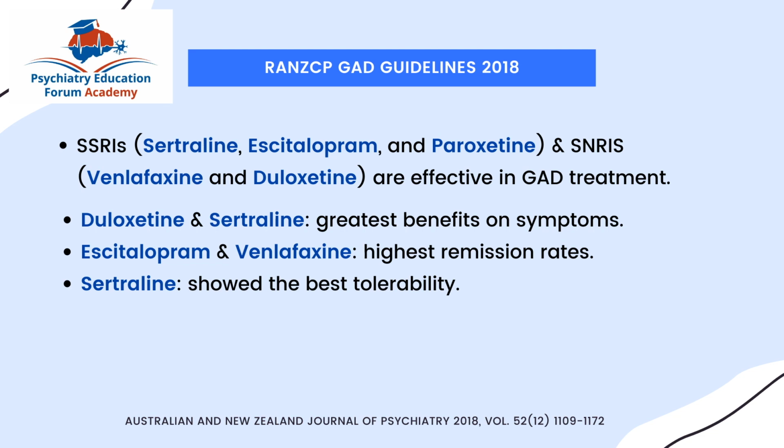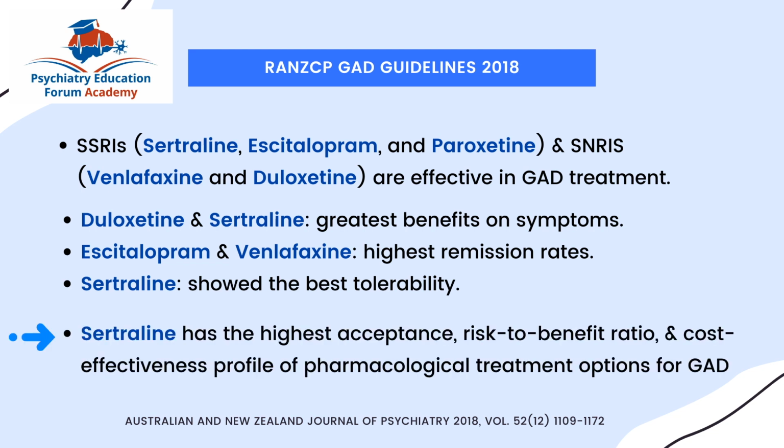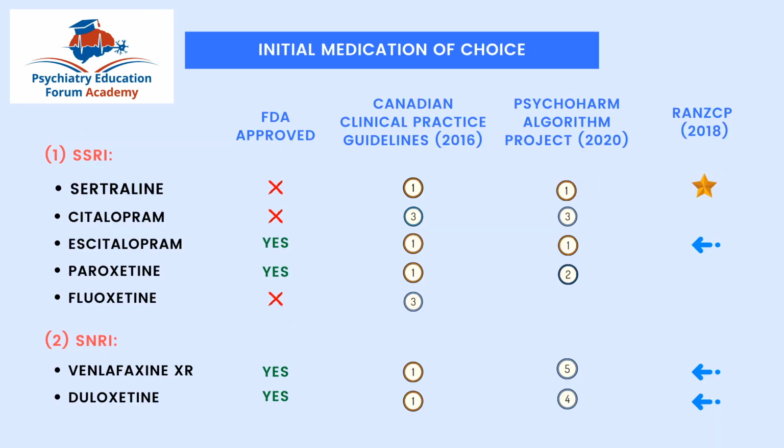And in the end, they say that sertraline has the highest acceptance, risk to benefit ratio, and cost effectiveness profile of the pharmacological treatment options for GAD. So this medication, sertraline, comes as a star there.